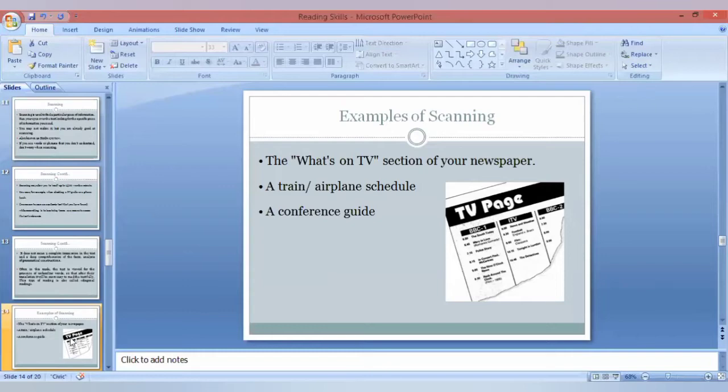Then again, the second example is that of a train or airplane schedule. If you visit a train station or an airport, there is a chart given. Nowadays, technology has become more advanced, so they display it with small LED lights. Different times, the schedules of different planes or trains, and their arrival and departure times are given.